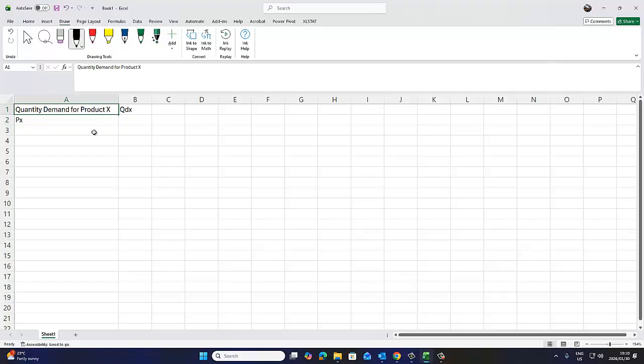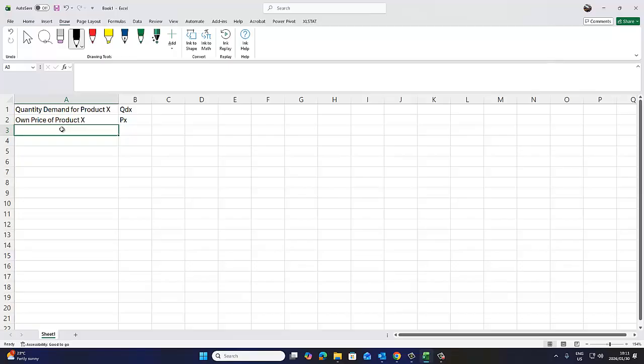Product could be a physical item or it could be a service. I don't make a distinction between the two. I define product as either a physical good that I buy or a service that I buy. And then its own price, the price of product X, we give it an abbreviation.